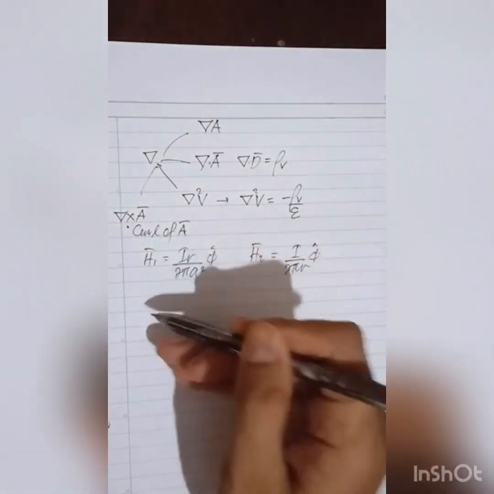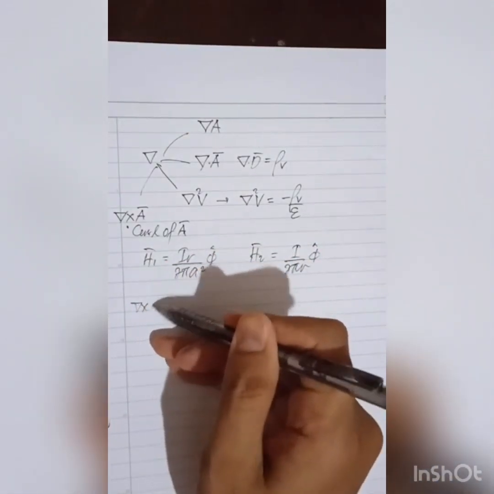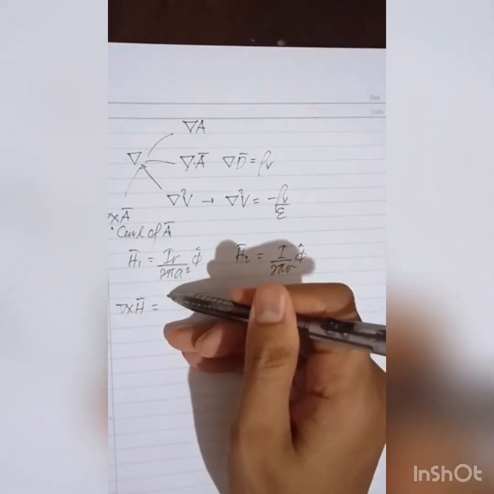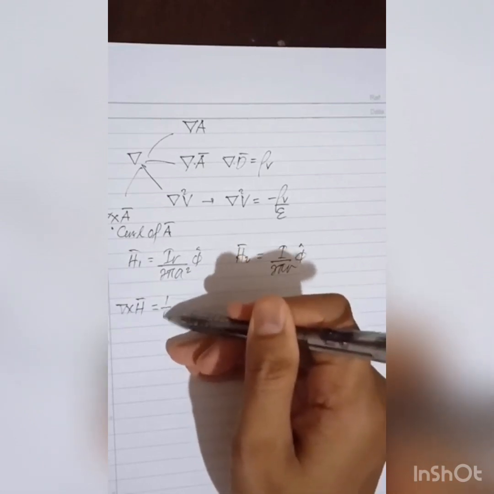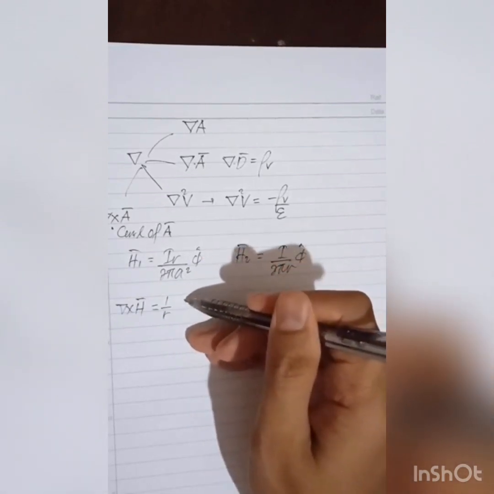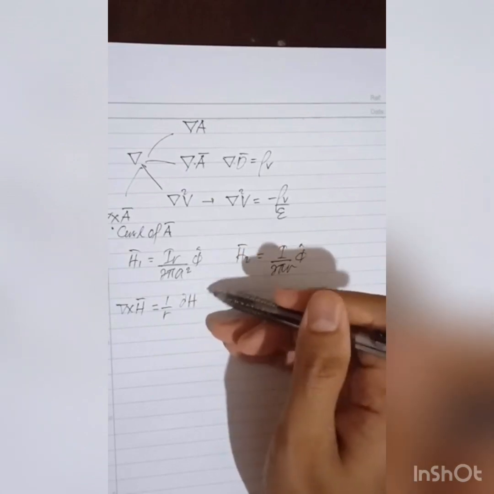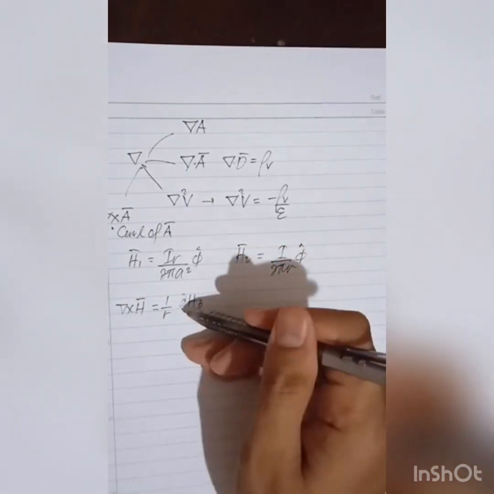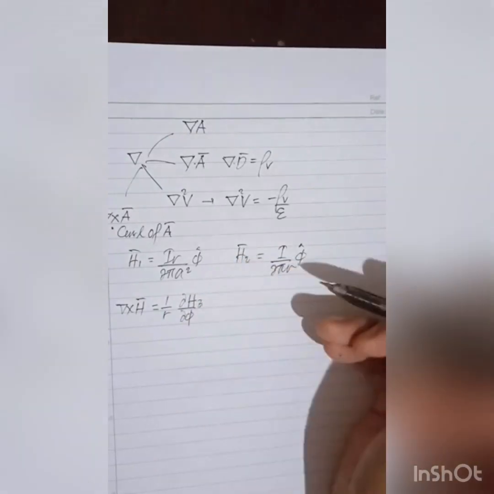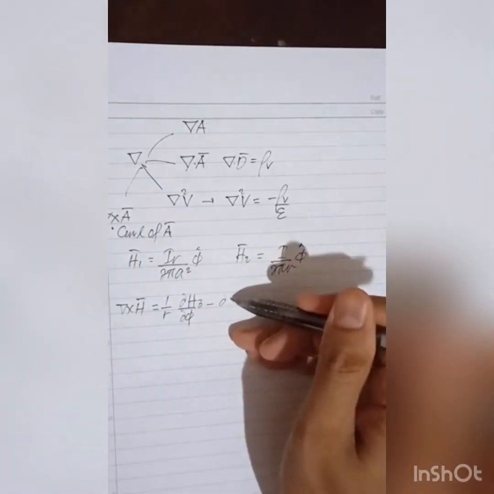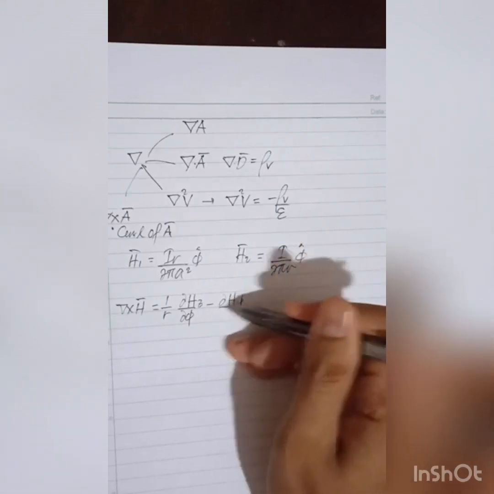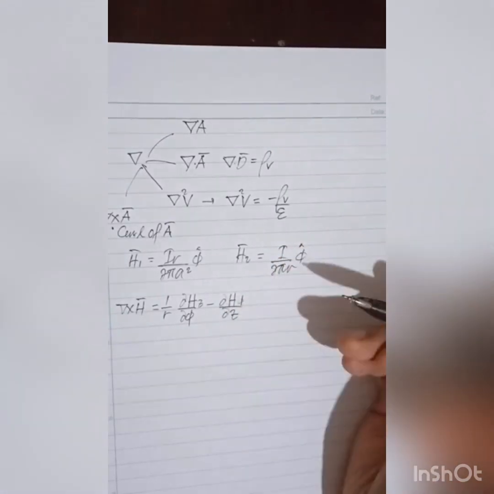Based on the table you can see here, curl of H is equal to 1 over r, dHz over d phi minus dH phi component over dz.